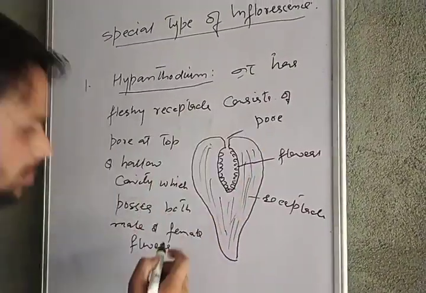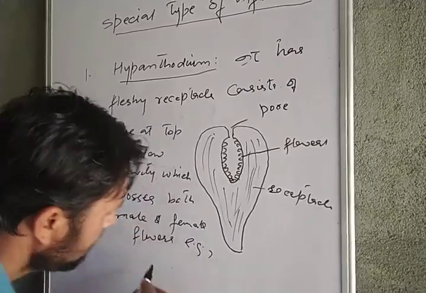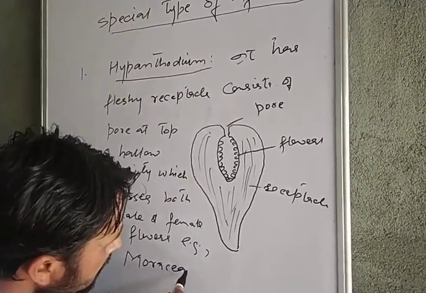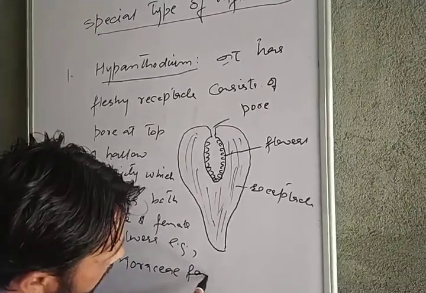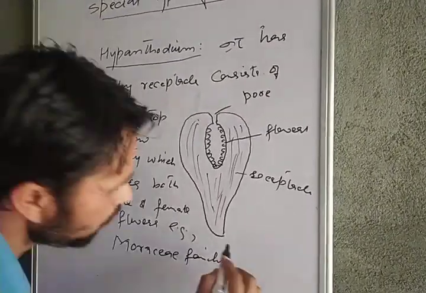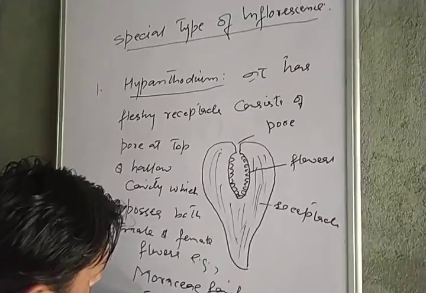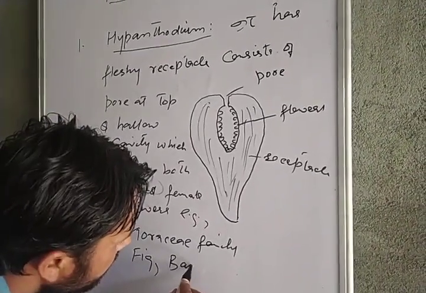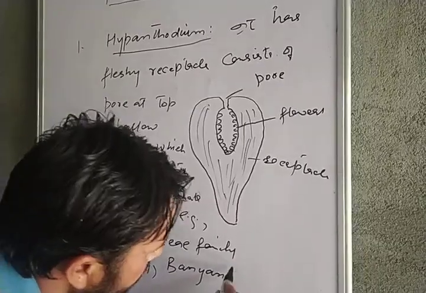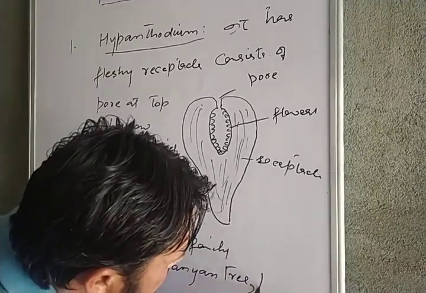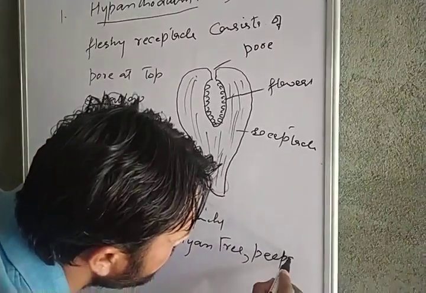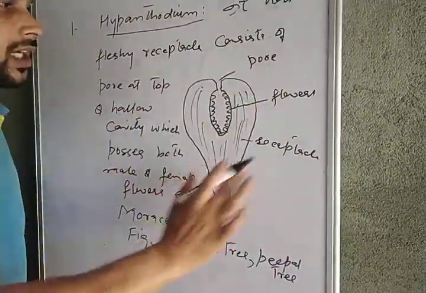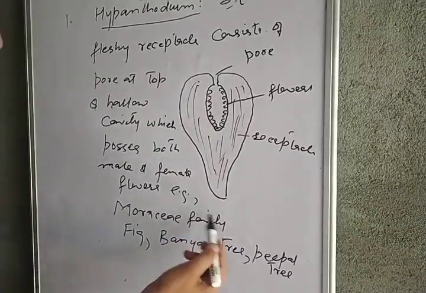And the best example is the Moraceae family, which includes fig, Ficus carica, banyan tree, peepal tree. Okay, this is the special type of inflorescence which occurs in Moraceae family.